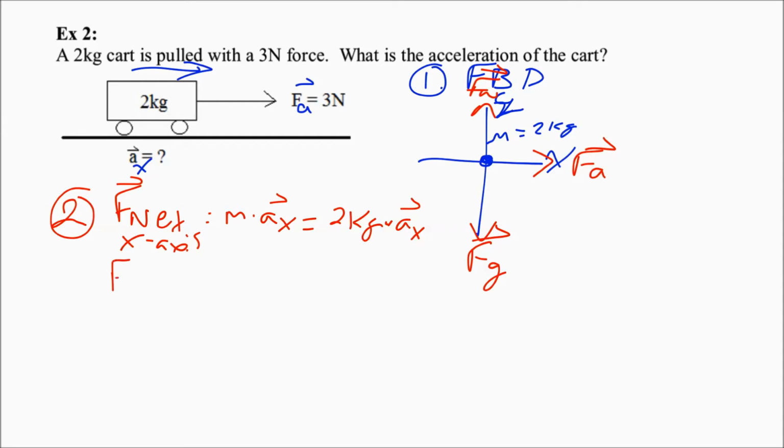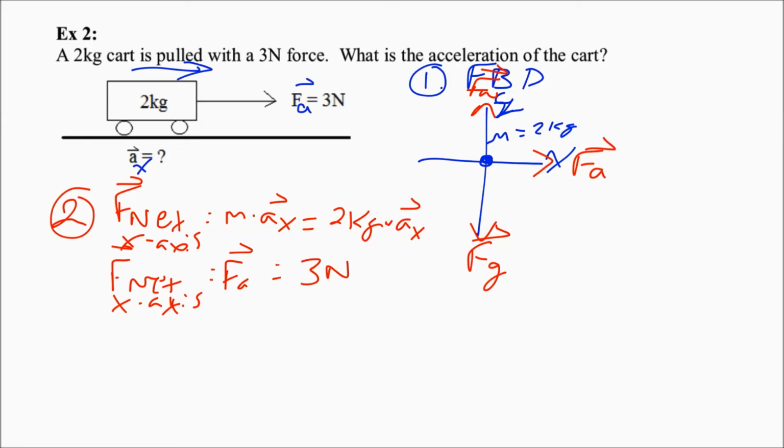Then the second Fnet statement in the x-axis is going to be the sum of all the forces in the x-axis. So here is the x-axis, and all of the forces are the force applied. So we're just going to have force applied, and that's equal to 3 newtons.